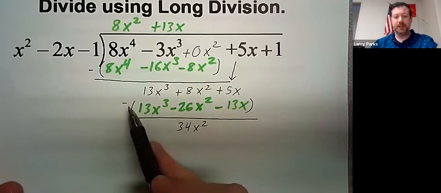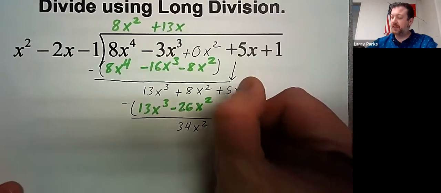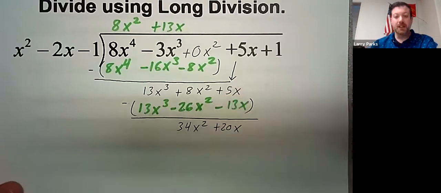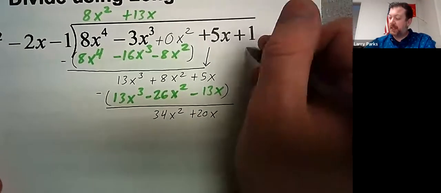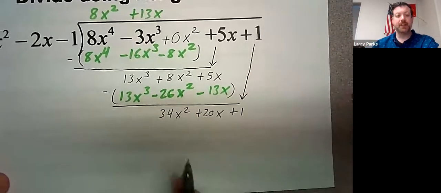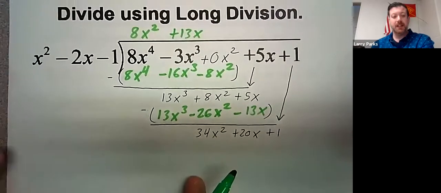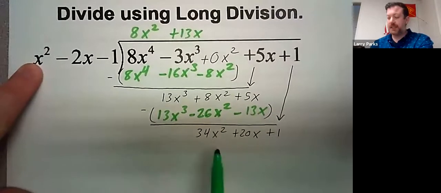And then this is going to change that to a plus, so that's 5 plus 13, that's 20. And then bring down my last term. And now I ask myself, x squared times what is 34x squared? That'd be just 34.